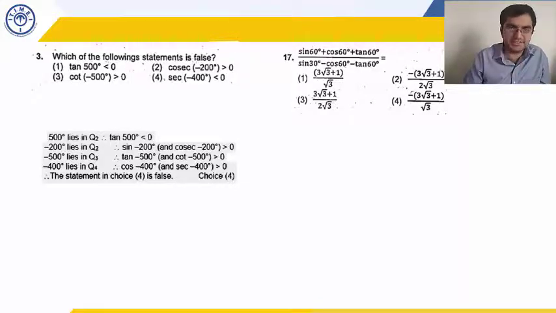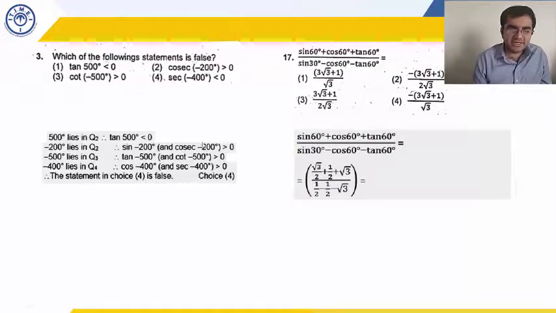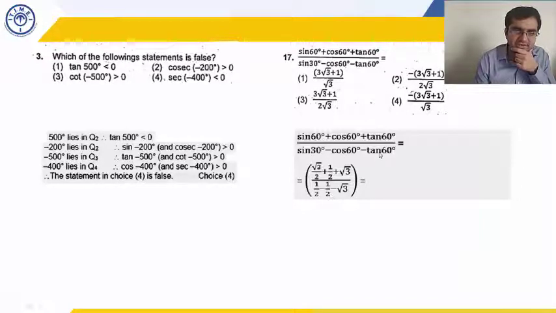Okay, let's see. Sine 60 is root 3 by 2. Cos 60 is half. Tan 60 is root 3. Sine 30 is half. We already know these four values. And now we simplify.